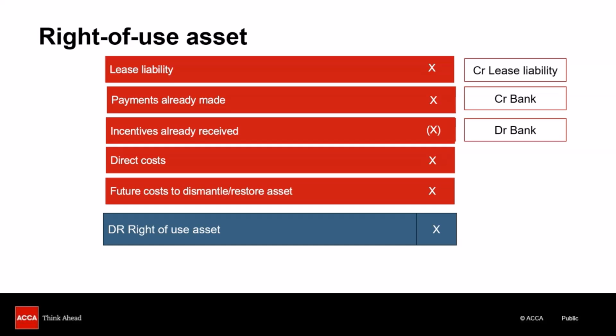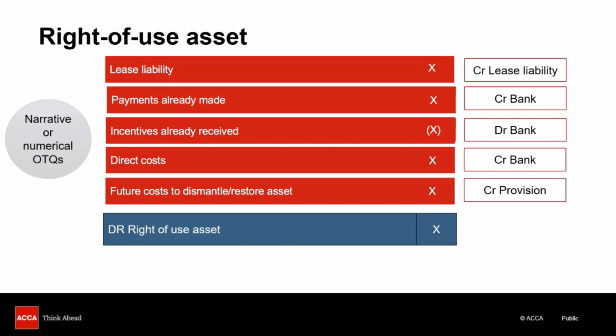Any incentives received are debited in the bank. Any direct costs are credited in the bank, and against any future costs a provision is created, just like we create the provision for dismantling or site restoration in IAS 16. So remember the double entry in mind, and that will make your working easier.